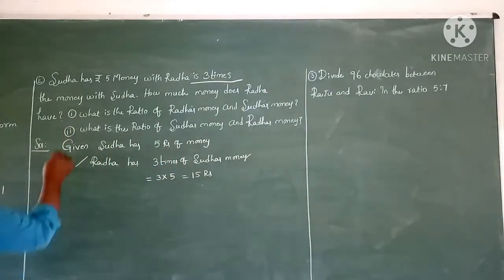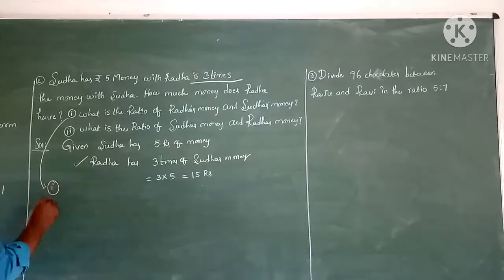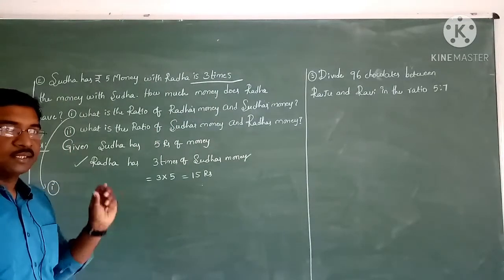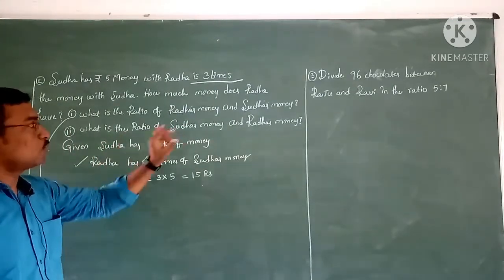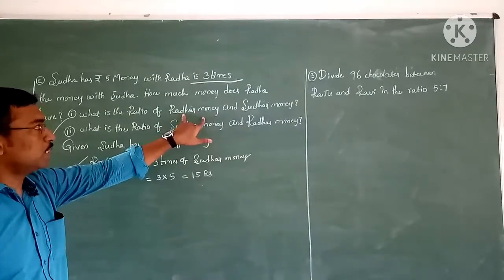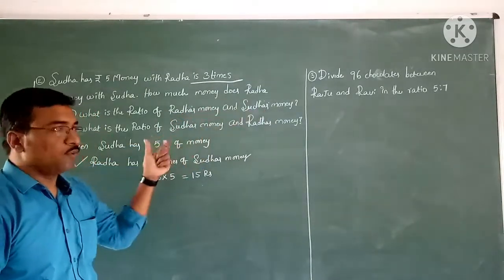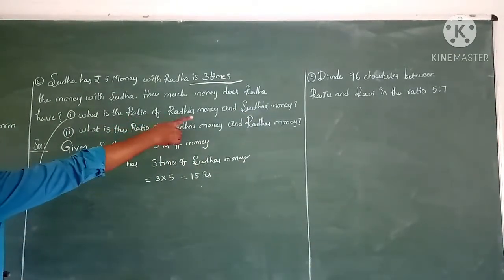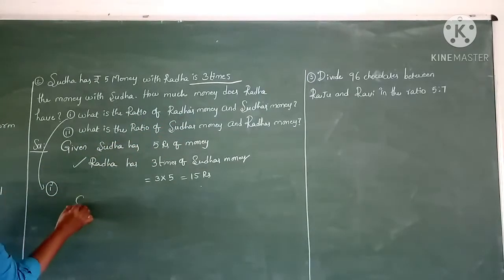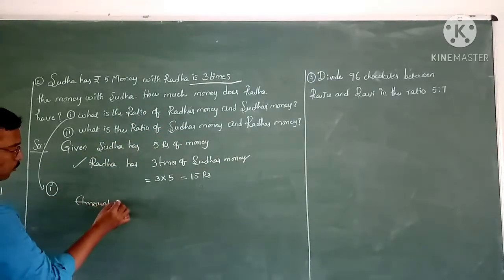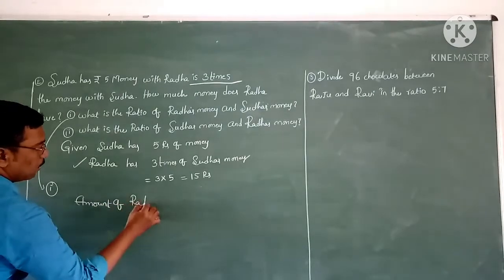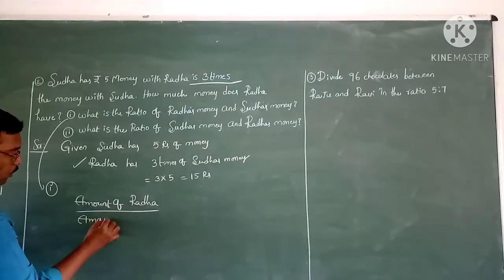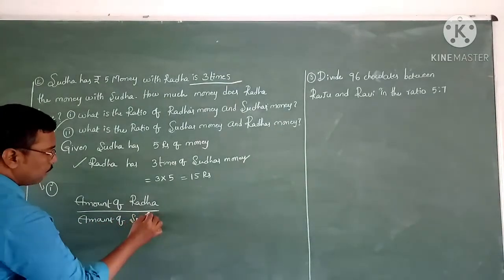Now what we have to find is the first part. What is the ratio of Radha's money and Sudha's money? In ratio, we already discussed it: ratio order is very important. So first of all, Radha's money is required, and the second one is Sudha's money. So we have to maintain the order. So ratio of Radha's money and Sudha's money is amount of Radha by amount of Sudha.